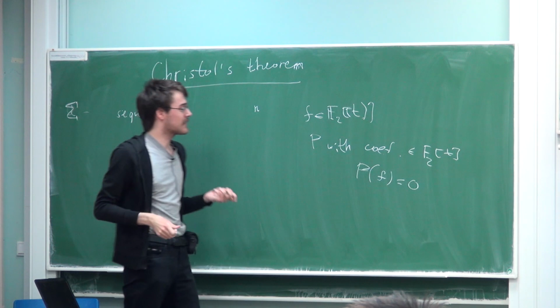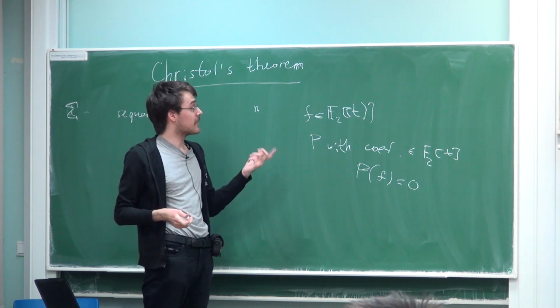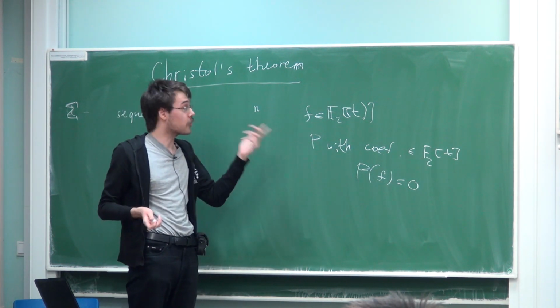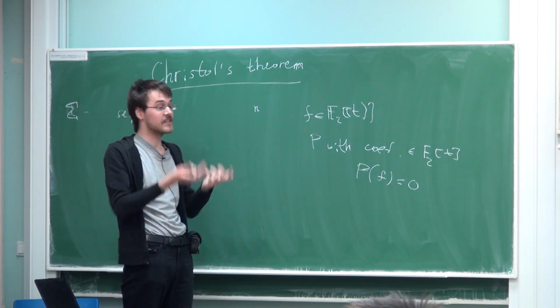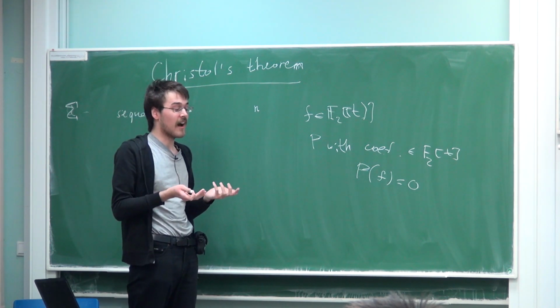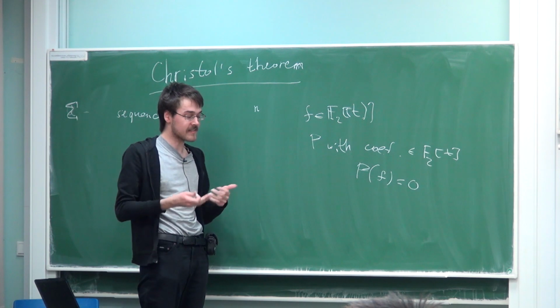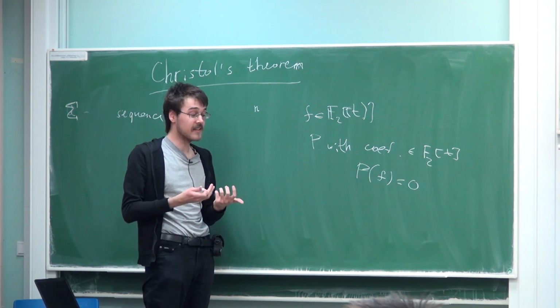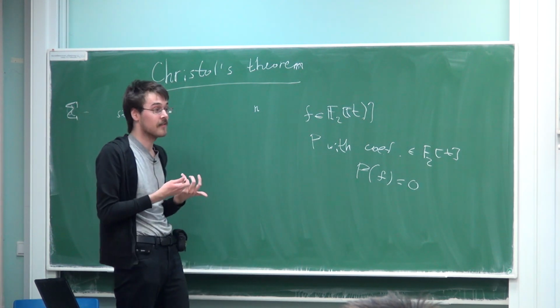And it turns out that a power series is algebraic if and only if its sequence of coefficients is 2-automatic.